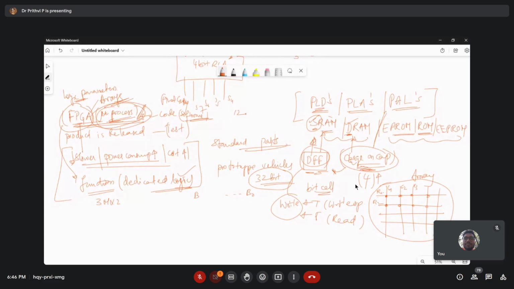How many cells can you handle? It will be 2 power 12, that is 4096 cells. Yes or no? 2 power 12. Okay.